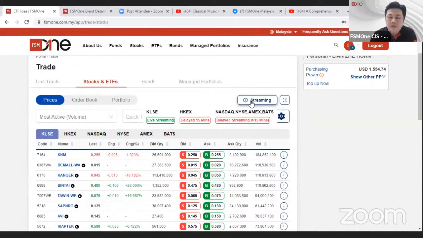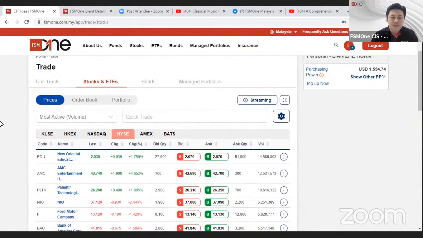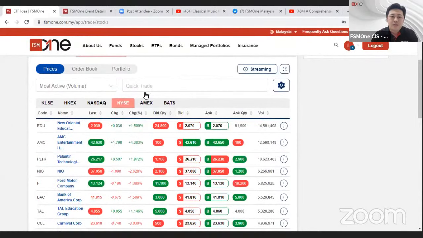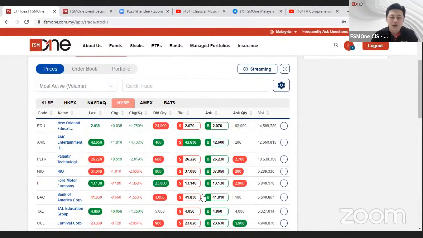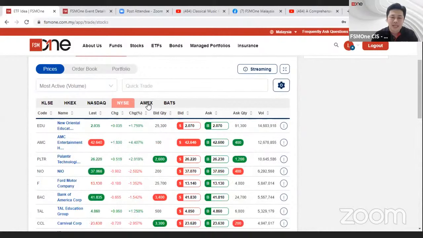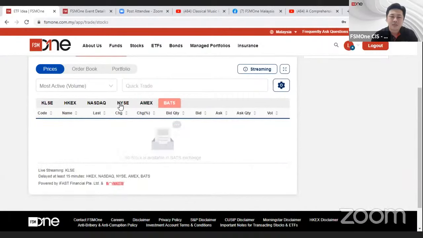But later on, if I fill one trade, it will automatically convert to live streaming. So we go to the exchange. By default, it will show you the most active volume in the particular market. This is what you can see over here on different exchanges.